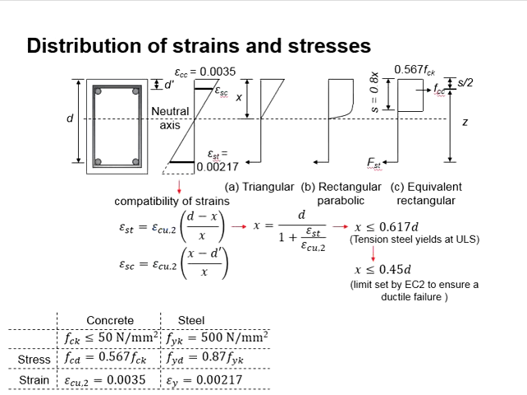This is achieved by ensuring the x is always less than 0.45d as defined by the Eurocode. The difference between these limits and the actual 0.617d will be the safety precaution given by the Eurocode.